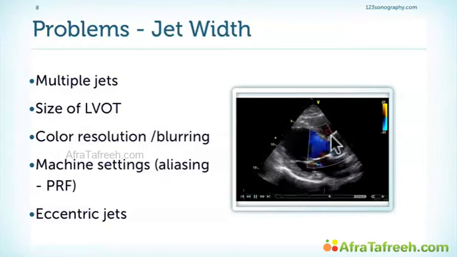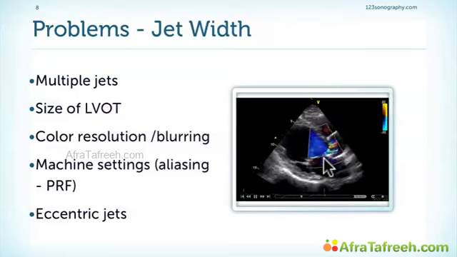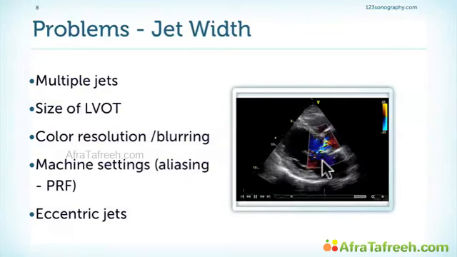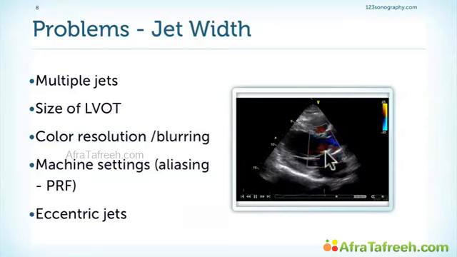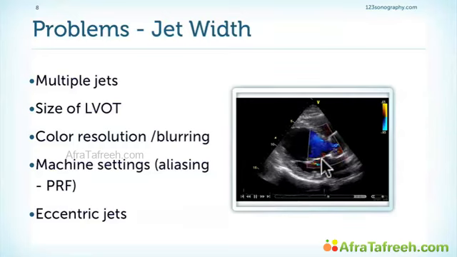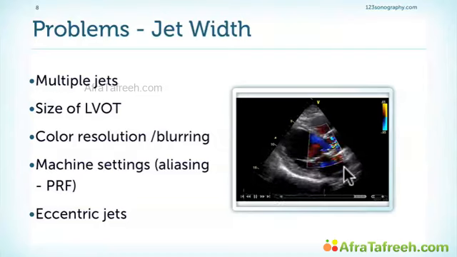Then it's also dependent on the machine settings, on the aliasing border, and it's also very difficult to quantify the LVOT jet ratio if you have eccentric jets, as in this example where the jet is directed towards the anterior mitral valve leaflet. Especially since we have a lot of energy loss if the jet is eccentric, and thereby it might be more severe than it actually is if you just quantify it based on the percentage of the LVOT.